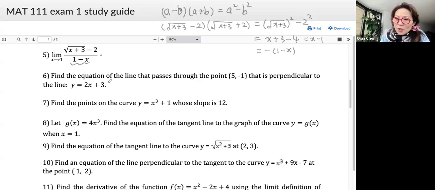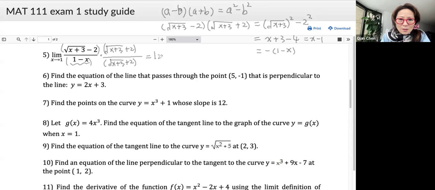We want to manufacture a common factor. So we take the square root of x plus 3 plus 2 as a group and divide it by itself. We basically multiply by 1, and this 1 is square root of x plus 3 plus 2 divided by itself.